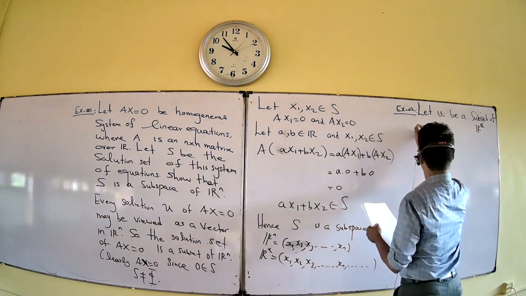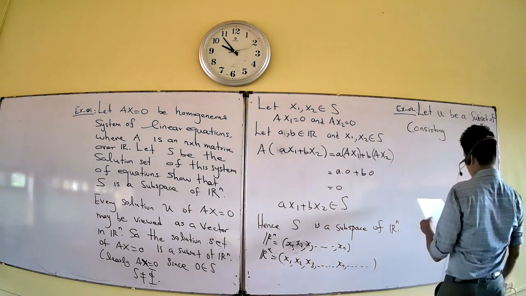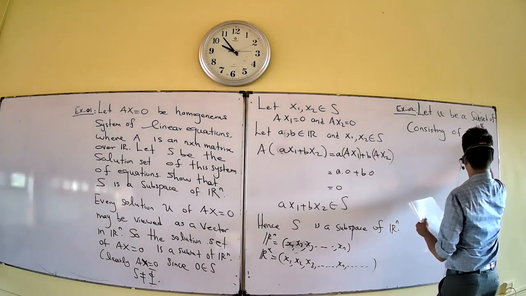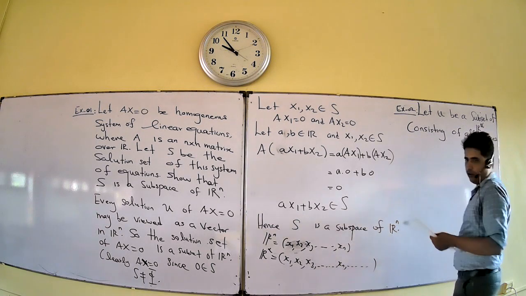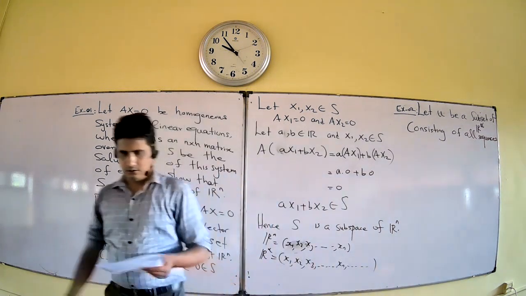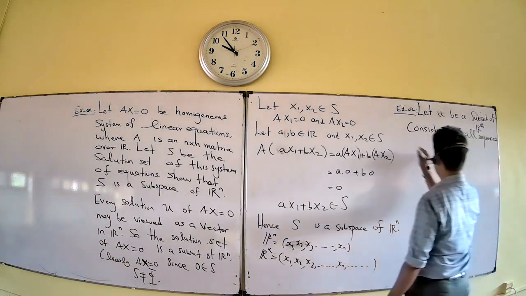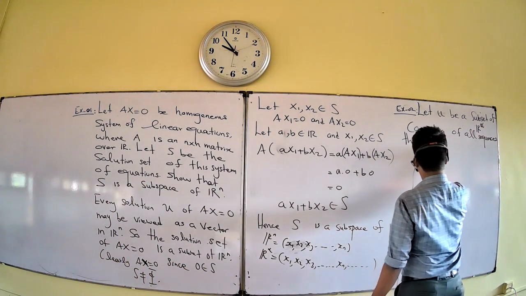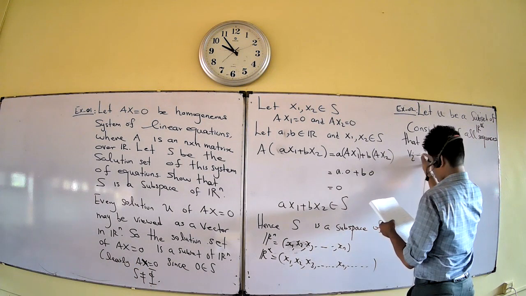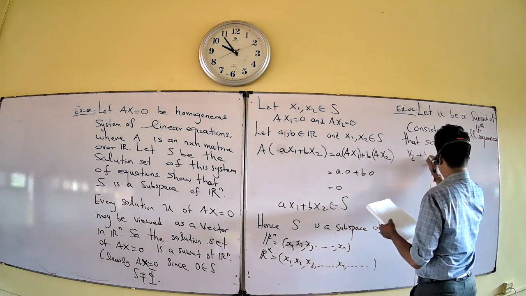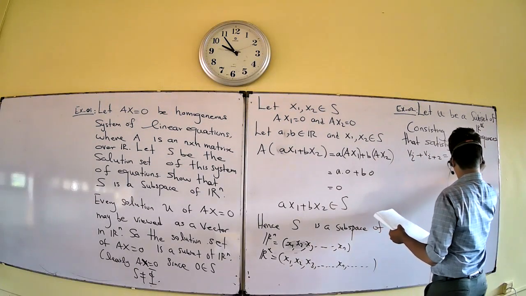Consisting of all sequences that satisfy this condition: Vi plus 2 equals Vi plus 1 for all i.